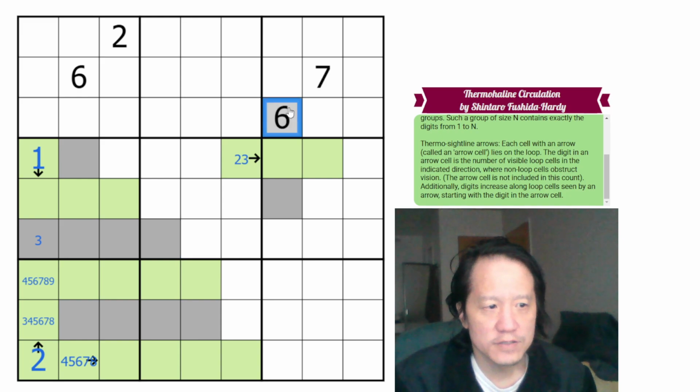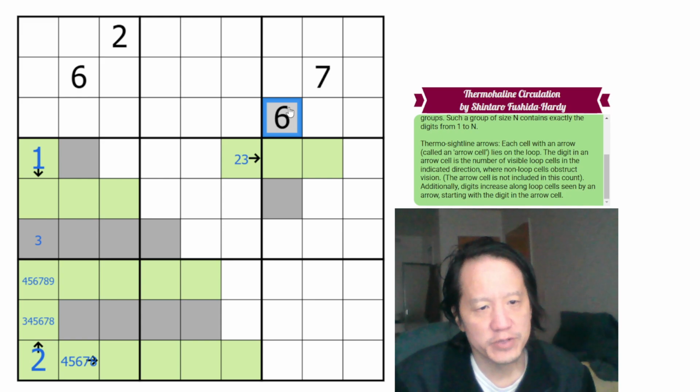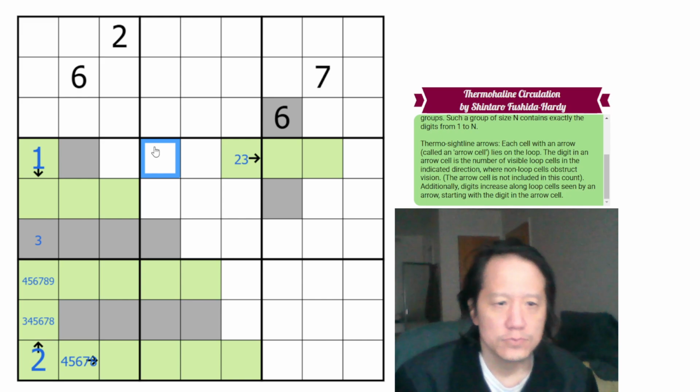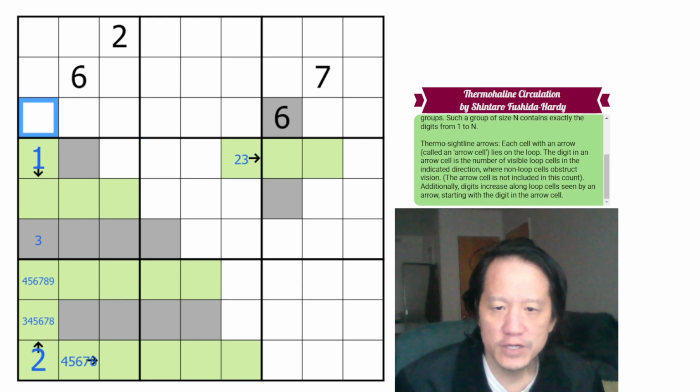This is at least a region of 6. We're not sure how big it is, though. Oh, this must go out this way.